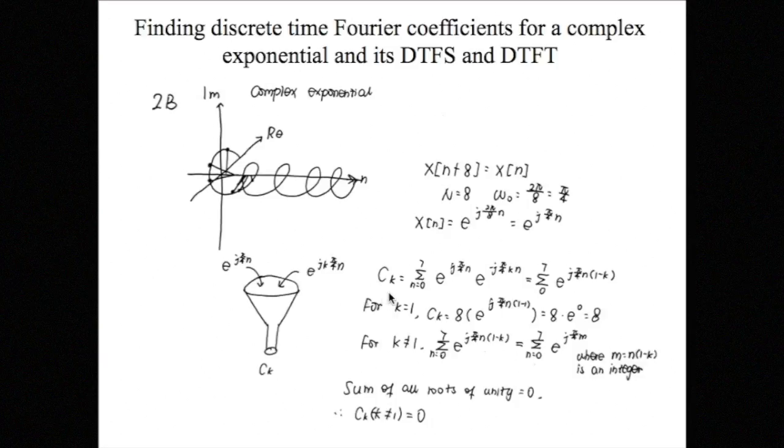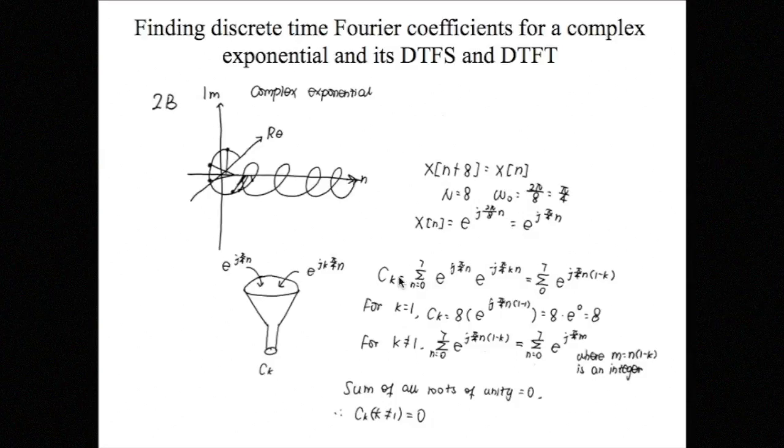We perform the inner product of x of n and e to the power of jk omega 0 n, where omega 0 is the fundamental frequency that we calculated here, which is pi over 4, and x of n equals e to the power of j pi over 4 n.